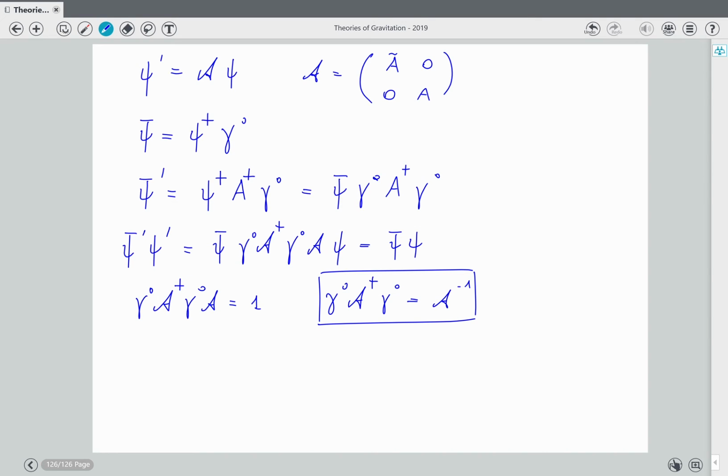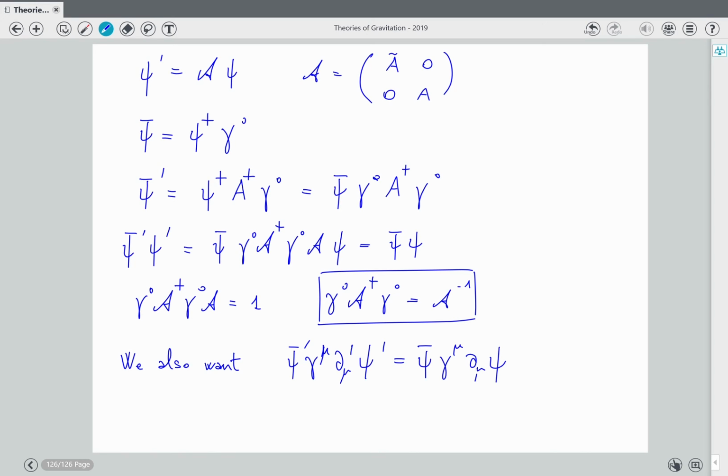Then we want that the Dirac action be invariant, which means psi bar prime gamma mu partial mu prime psi prime should be equal to psi bar gamma mu partial mu psi.